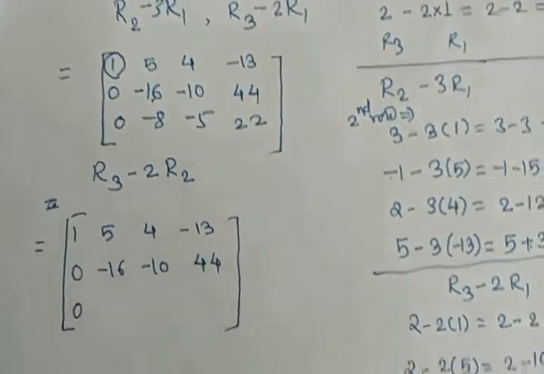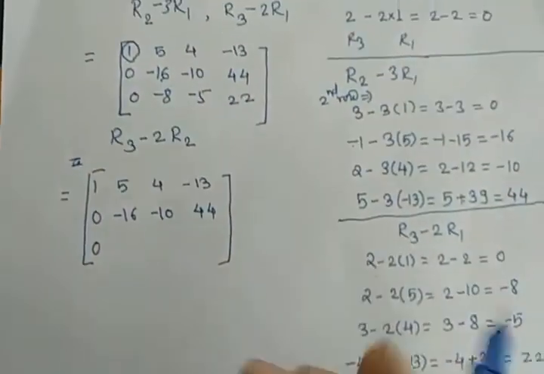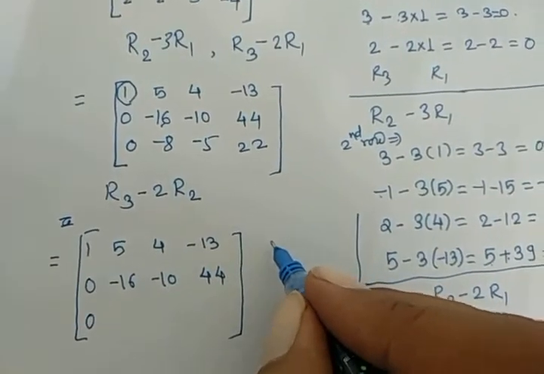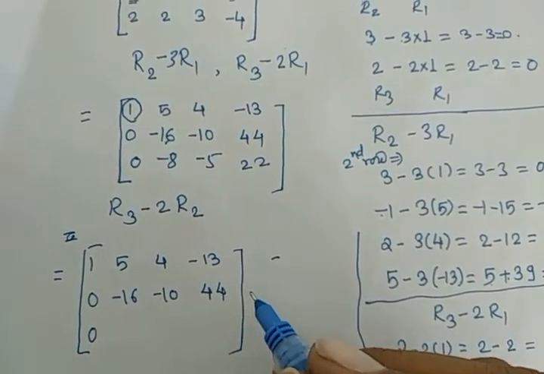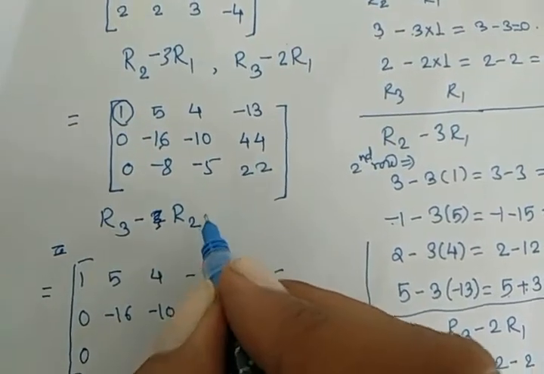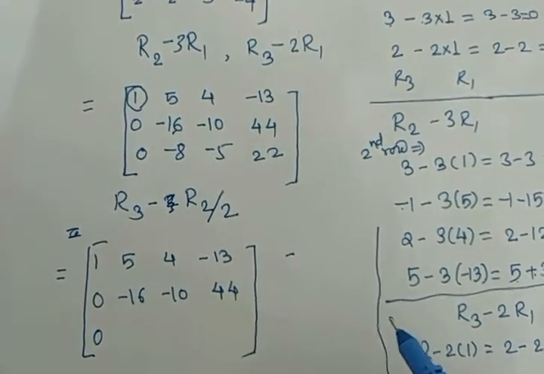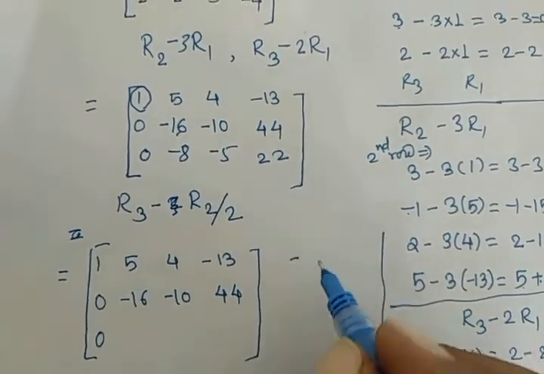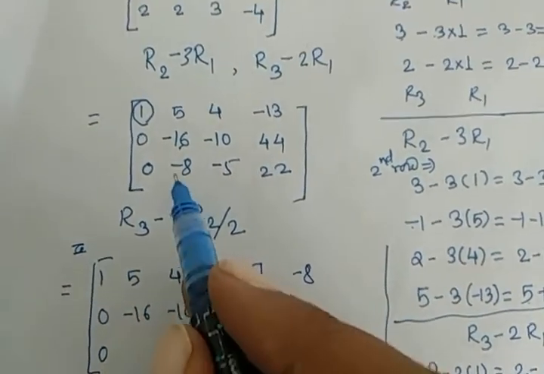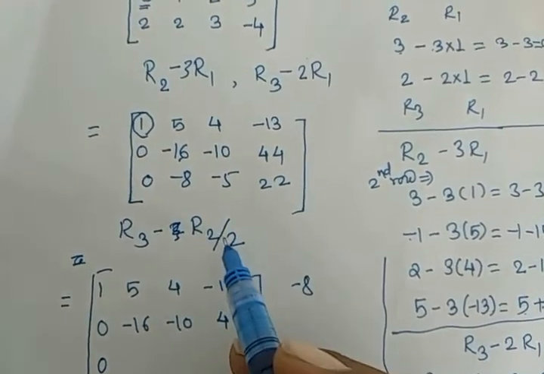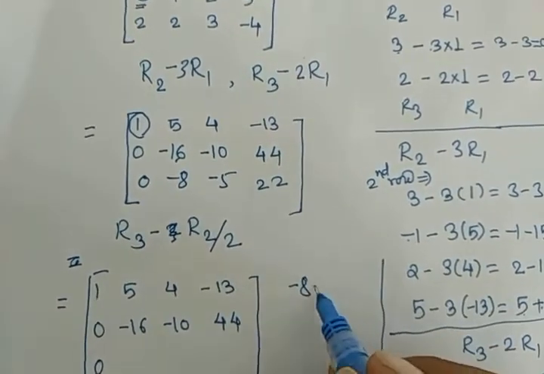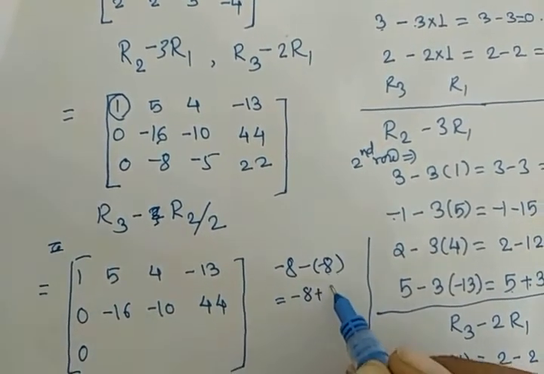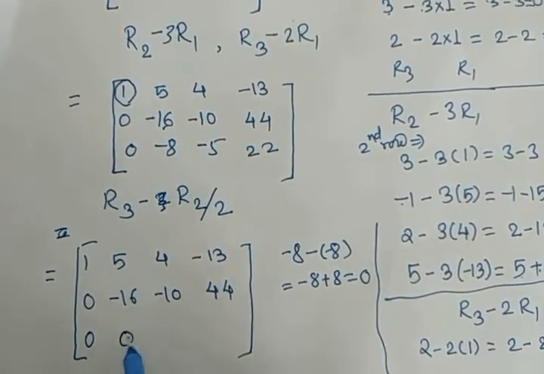Sorry, the row operation here is R3 minus R2 divided by 2. Now it is minus 8, and minus 16 divided by 2 is again minus 8, so minus 8 plus 8 equals 0.